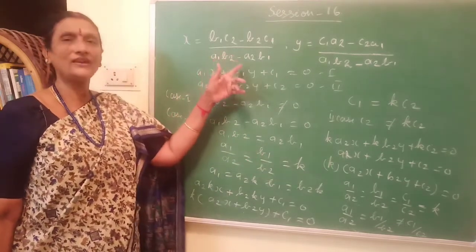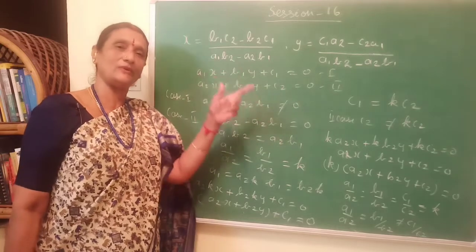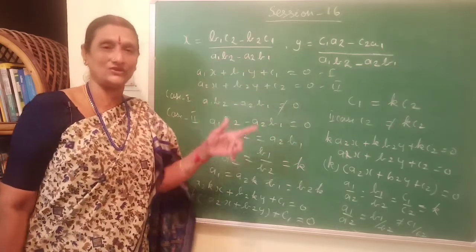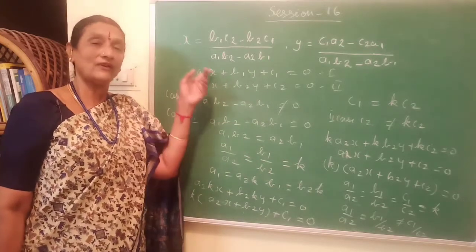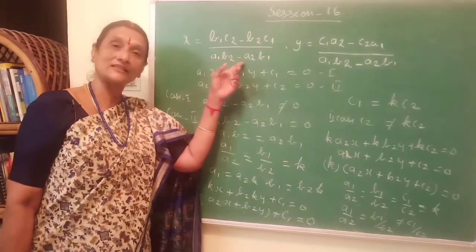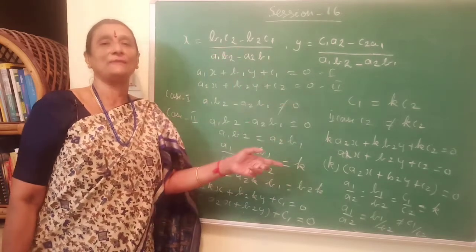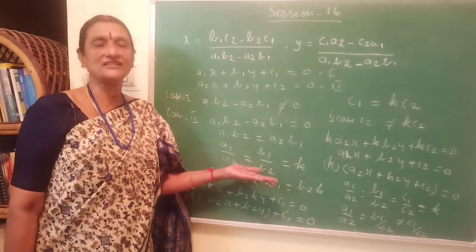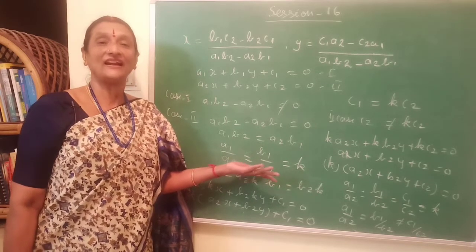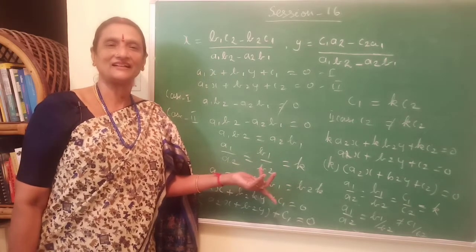If the value is equal to 0 and a1 by a2 is equal to b1 by b2 and c1 by c2, you get infinite solutions. And a1 by a2 equal to b1 by b2 is not equal to c1 by c2, you get a set of parallel lines for which there is no solution. We write the equations are inconsistent. Is it clear to you?